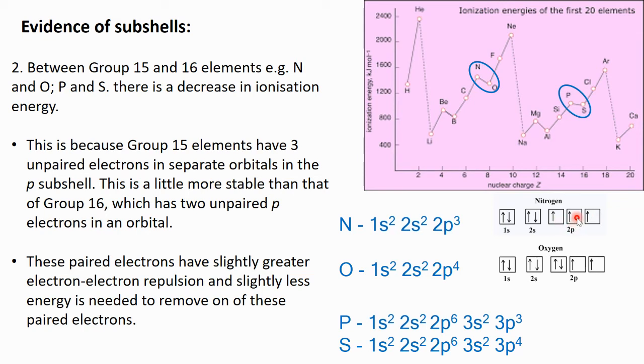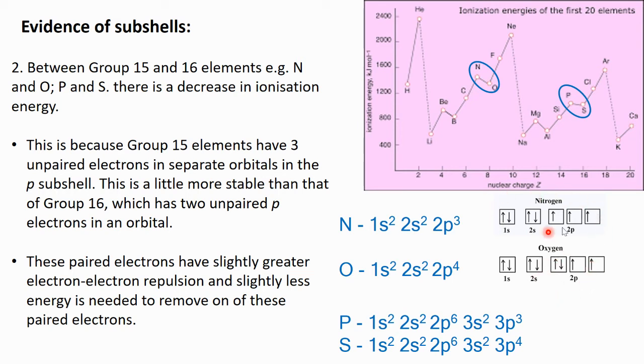Each p electron goes into a different orbital. It was Hund's rule that we fill them up, 1 in each orbital. Compared with oxygen, which has 2 in the first one, so there's 1 pair and 2 unpaired ones.